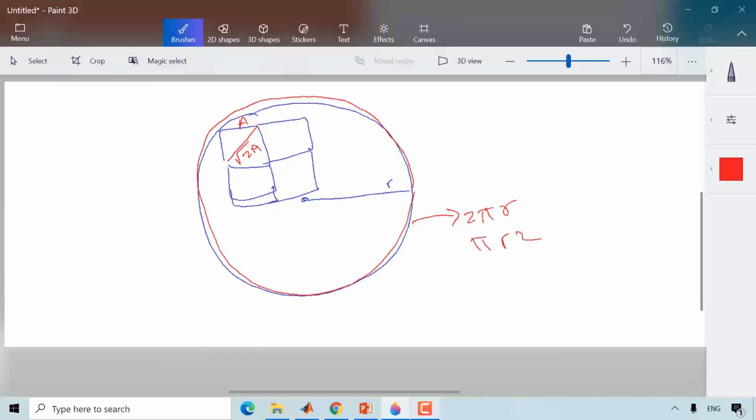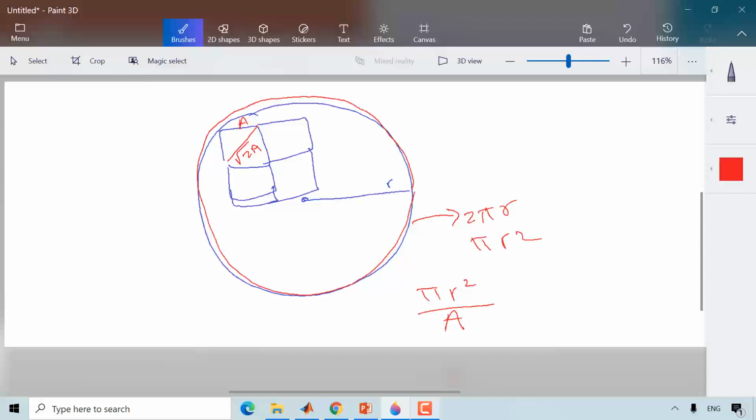So the expression says that to find the number of complete squares, you have to divide the area of the circle by the area of the square. And notice in your notes, he's taking the pi expression as a common factor.